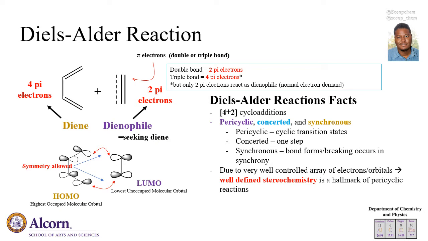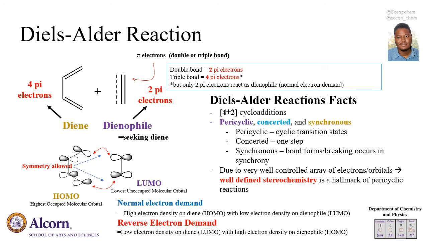So lastly, we'd like to discuss 2 terms to describe the electronic environments of our systems. The normal electron demand has very high electron density on the diene and very low electron density on the dienophile.